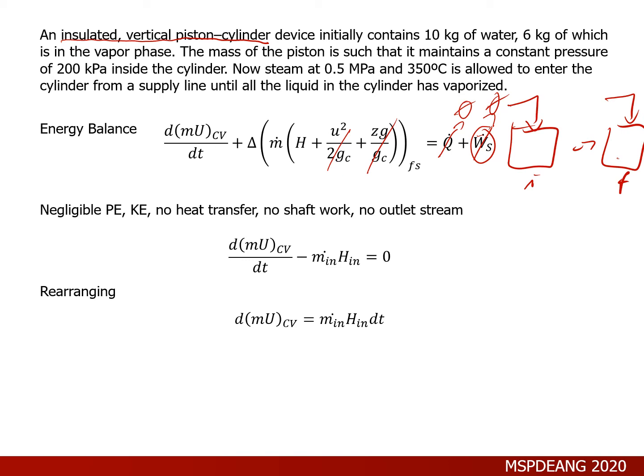And if you integrate this from m initial, u initial, to m final, u final, and then integrate this from time equal to 0 to time equal to t, you will get the following expression. So the final mass of steam times the internal energy of the final steam minus the initial mass of steam times the internal energy of the initial steam is equal to the mass flow rate of steam going in times the time times the specific enthalpy of the steam going inside our cylinder.